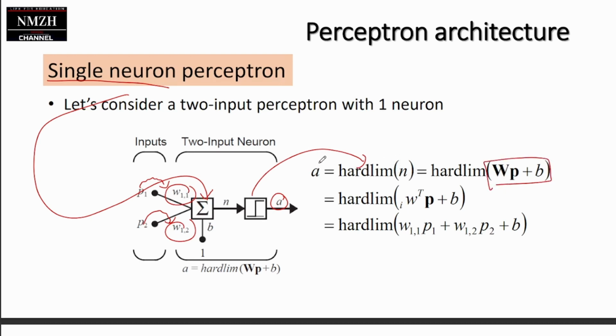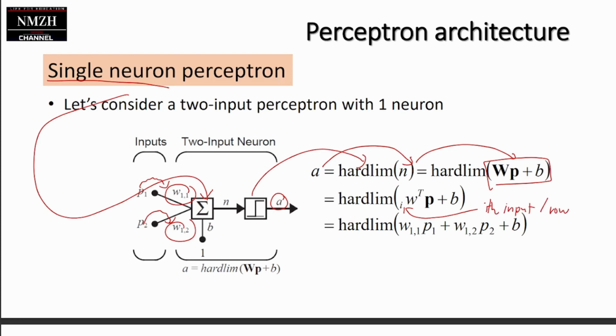Meaning to find a we have to find n, and to find n we have to find w, p and b. So in the whole story, a equals hardlim(w_i^T p + b), sorry, b. This depends on the i-th input or rows, right?